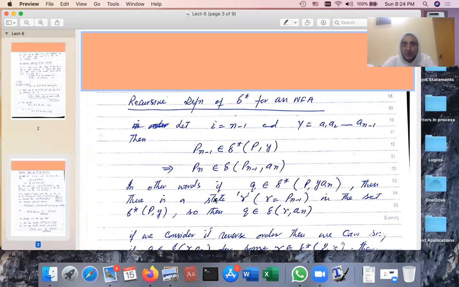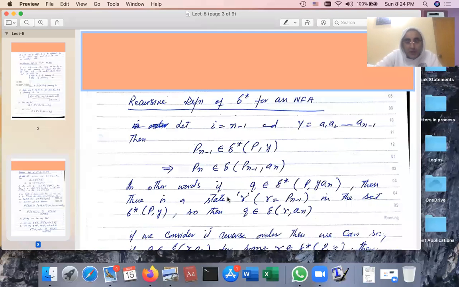So now I am taking another name for Pn minus 1, and that name is R, nothing different. You can consider Pn minus 1 as if with a new name R. That's why I can say there is a state R equal to Pn minus 1 in the set.